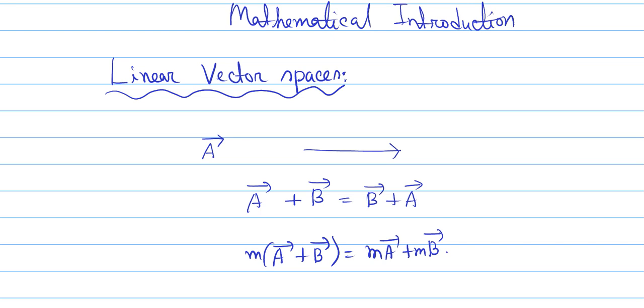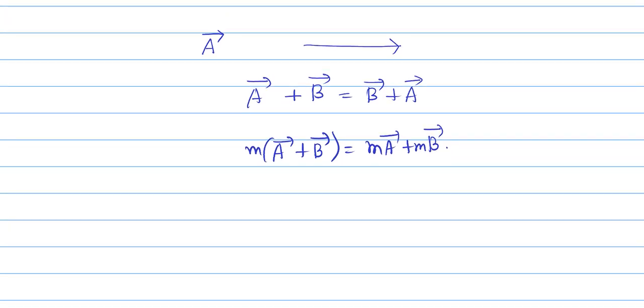We also know some rules of multiplication like this. So we want to generalize vectors more. By generalizing these rules, we can draw a set of basic features or axioms and say that any set of objects obeying the same rules forms a linear vector space, and we will find them useful later in our course.